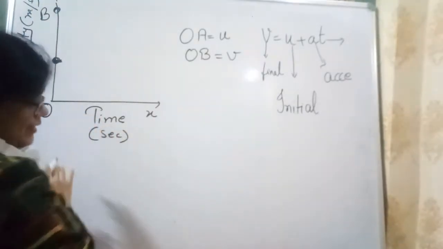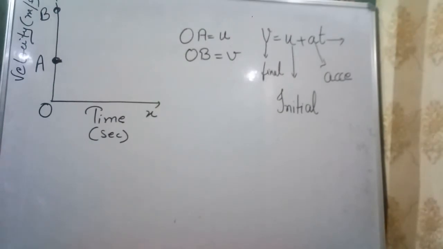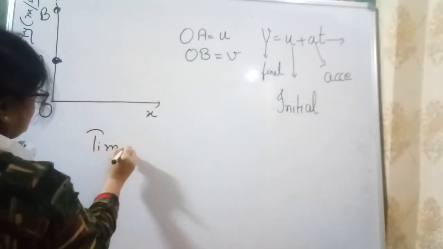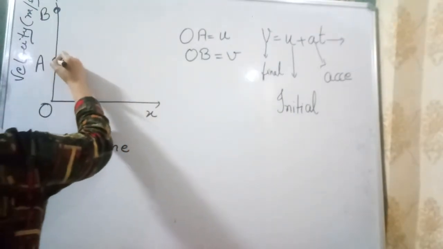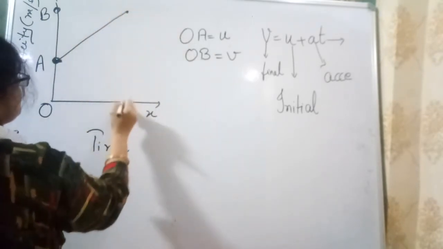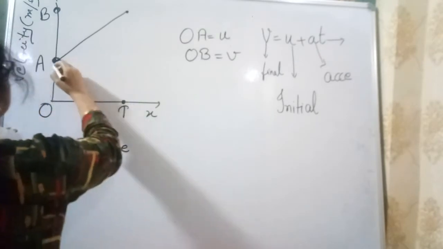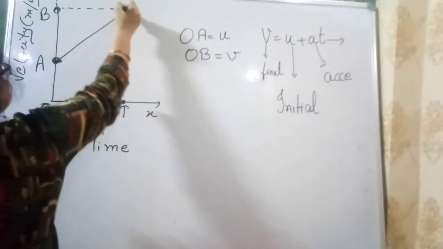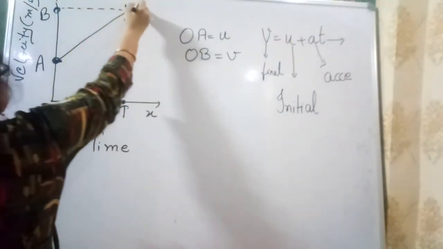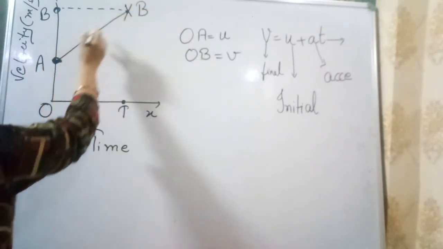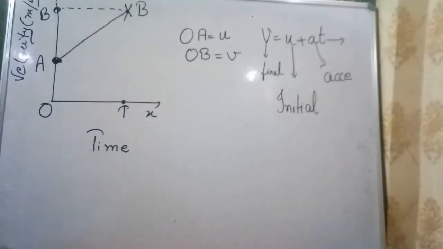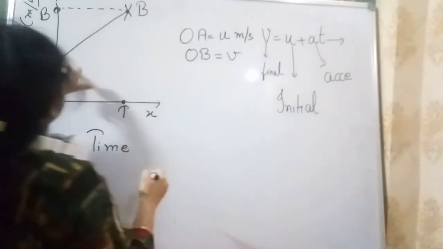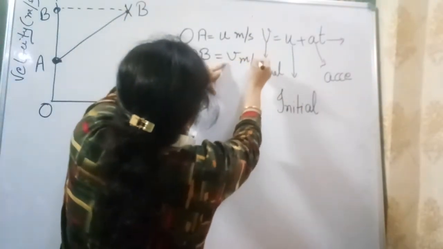For example, it takes time t, and it moves to the point P. This is the second position, that means this is the point B. That means the body moves from A to B. At the point A, it has initial velocity u meter per second, and at the point B, it has final velocity v meter per second.